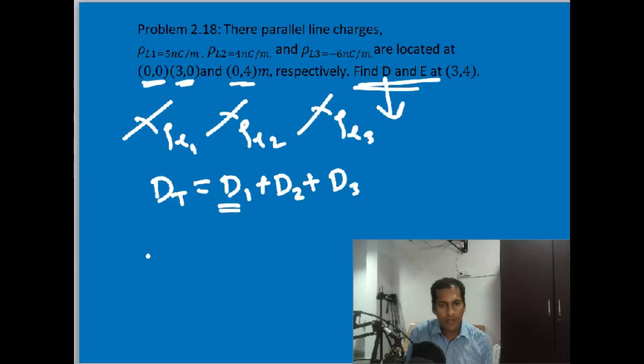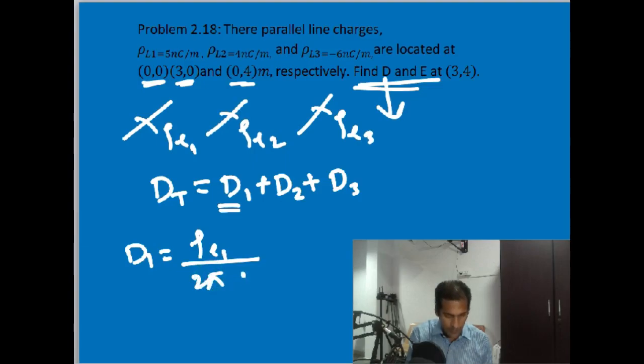Separately, if we calculate them, what will D1 be equal to? D1 will be equal to, say, rho L1 divided by 2 pi R1 into AR1 cap.